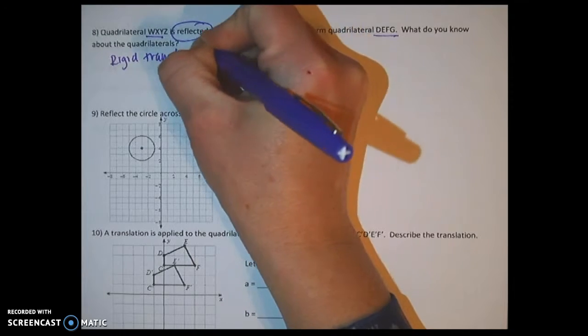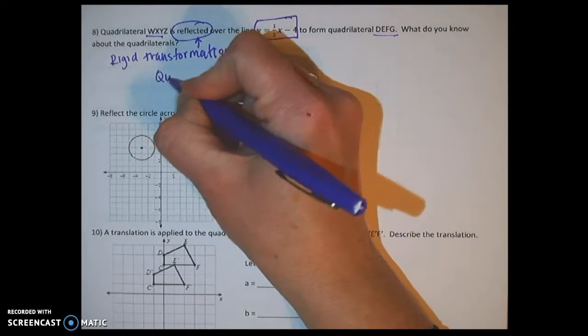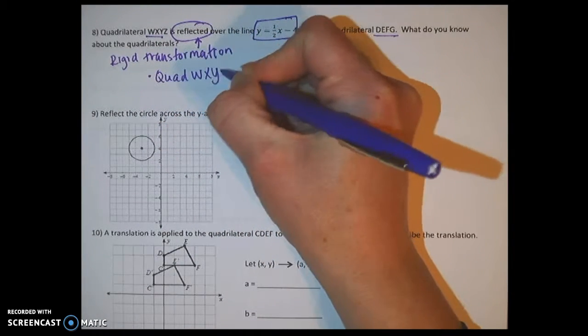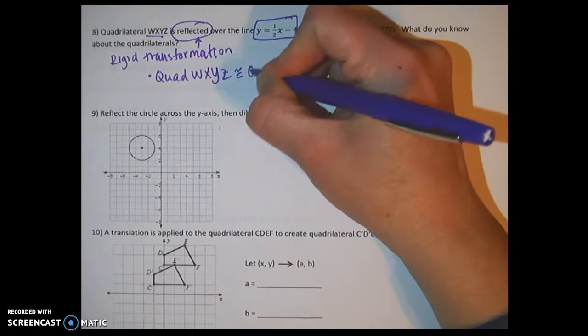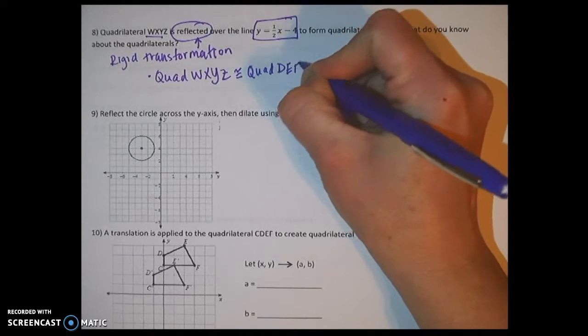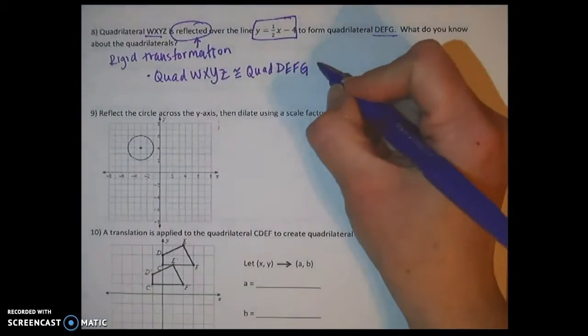so because this is a rigid transformation, we know that quad WXYZ is congruent to quad DEFG, which means all of their corresponding parts would be congruent as well.